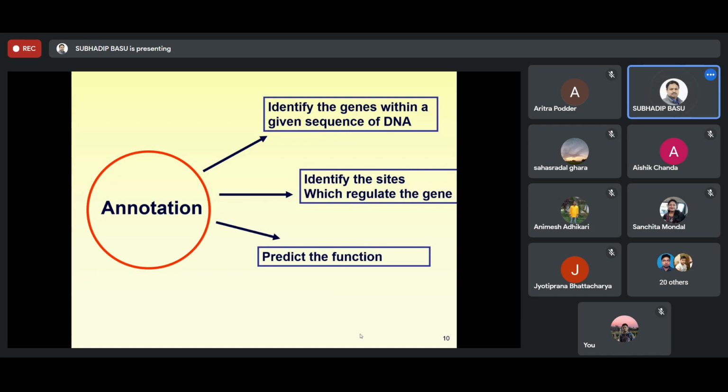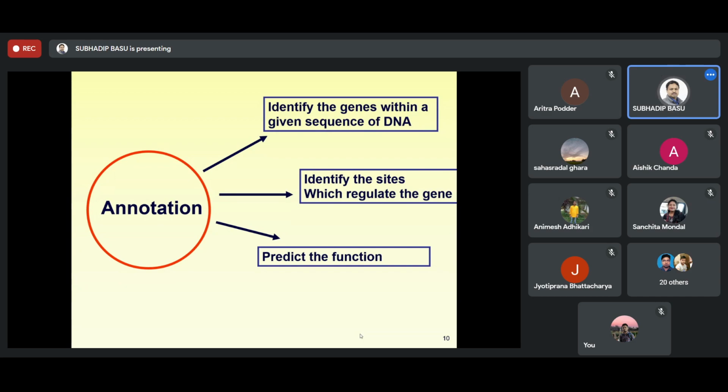The same thing happens: there are gene regulatory segments that regulate the gene. If you work on those segments, you can silence a gene, you can express a gene. So many things can be done. So you can do genetic engineering.